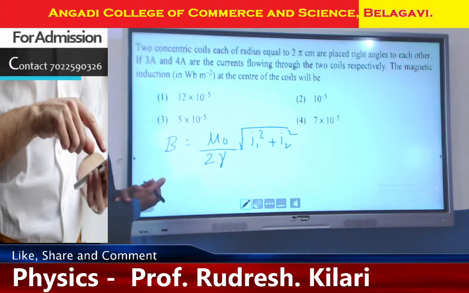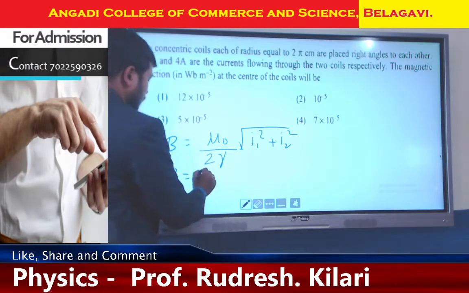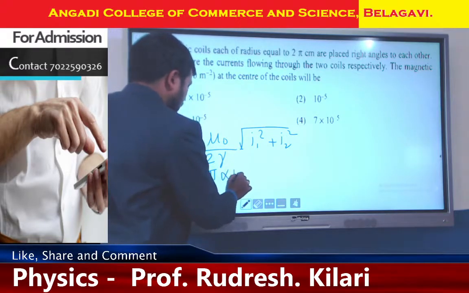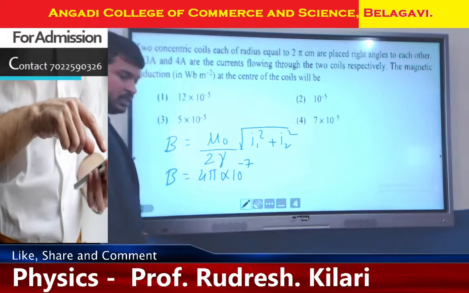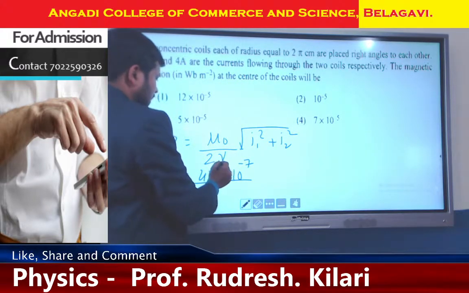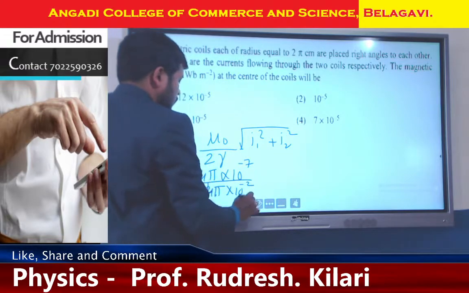Just check this one, in two concentric circles. B equals 4 pi into 10 to the power of minus 7, right? Divided by 2 pi into 2, that is 4 pi into 10 to the power of minus 2, right?